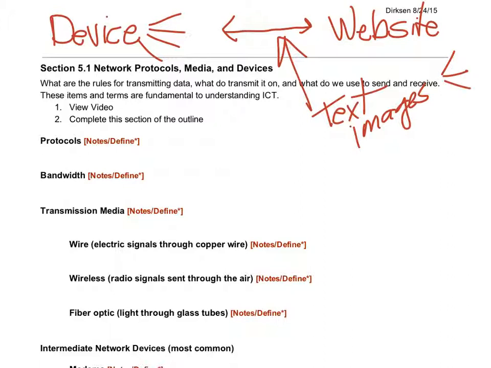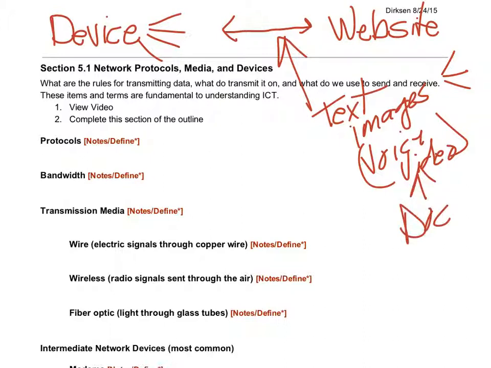So you can use text, images. If you want to use voice or video, you just want to talk about it, you could do that. That would be a little trickier, and then you'd make a link to that in some type of document. Okay, but you're going to go through the process.